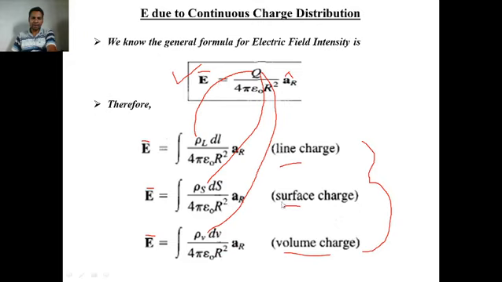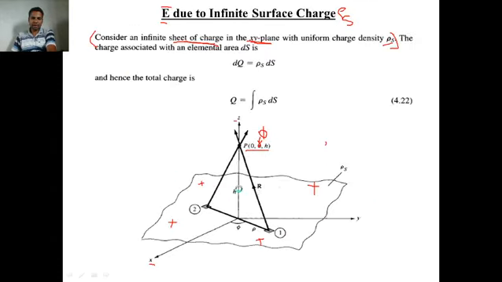For surface charge distribution, we have to use this formula: rho s ds upon 4 pi epsilon 0 r square. So what is ds in this case in our derivation? As the total surface is kept in the xy plane, what is the direction of the xy plane?